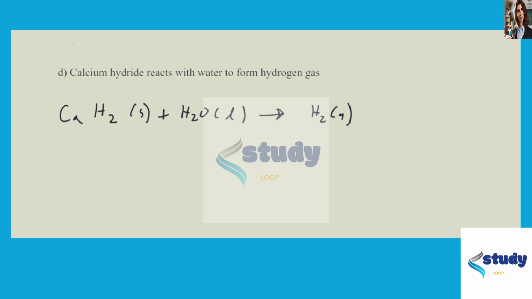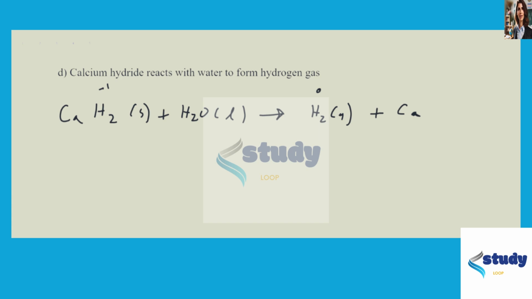So we've got a hydride right now, so the H is in a -1 oxidation state, and here it's in a 0 oxidation state. So what we're going to want to do is take this from -1 to 0 or +1.